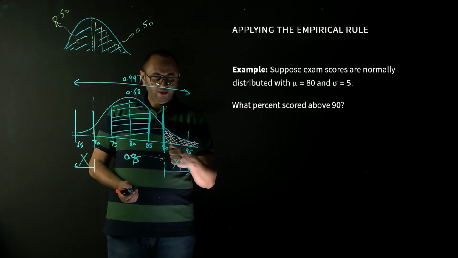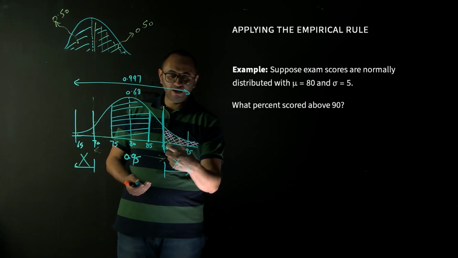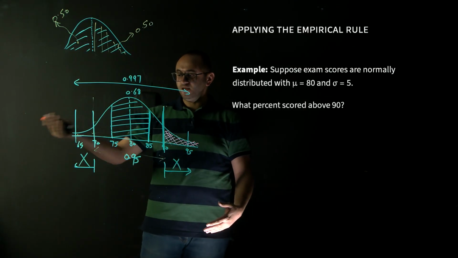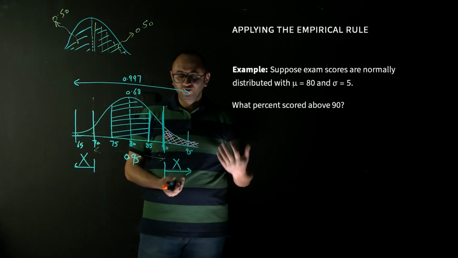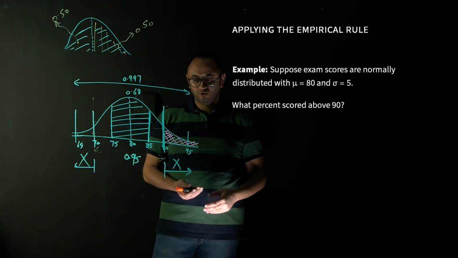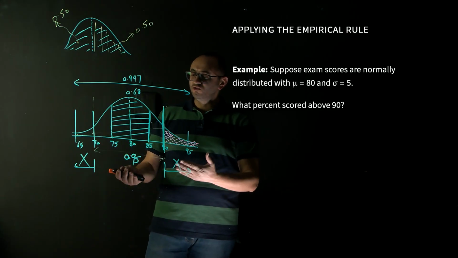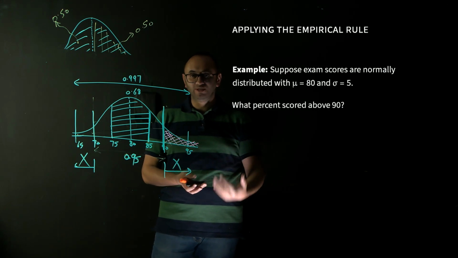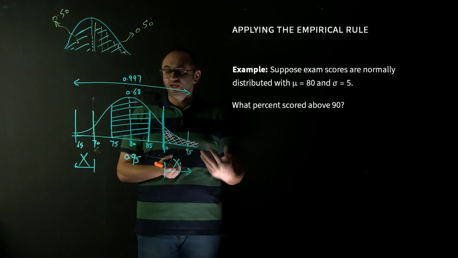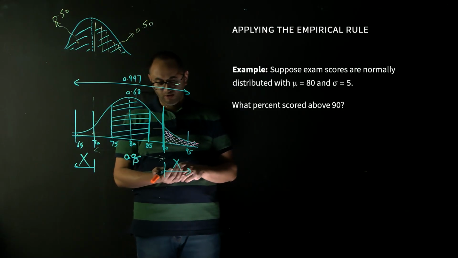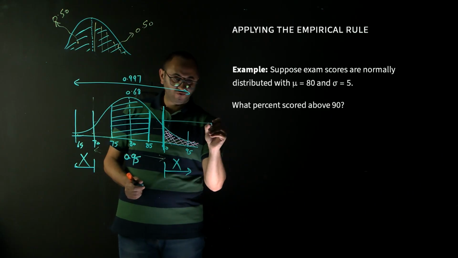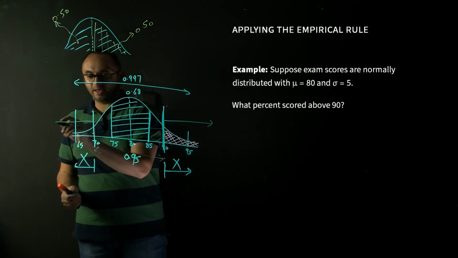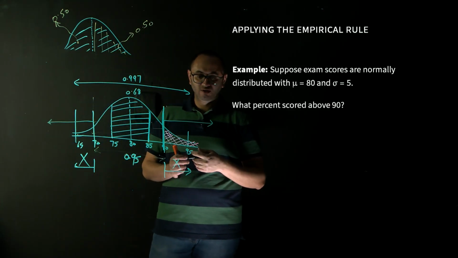But our question is about the area above 90, not the area below 70. Okay. So this probability should be 5% divided by 2. Why divided by 2? Because the normal distribution is a symmetric distribution. This is one of the nice properties of the normal distribution, which means this area to the right of 90 is exactly the area below 70.